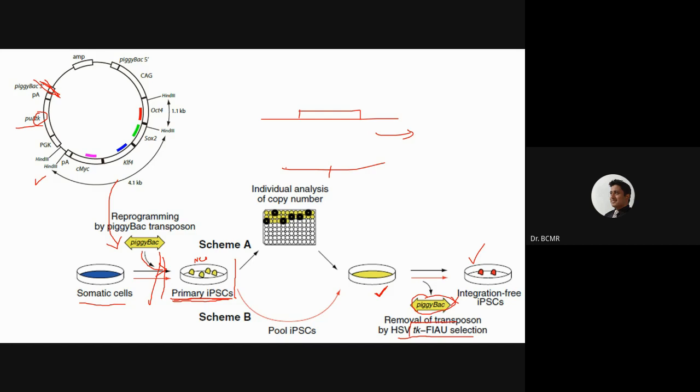Only if the whole transposon moves out will the cells be able to grow in this culture, in these growth conditions. So now we have transposition, we have the reprogramming complete, and we also obtained transgene free cells.